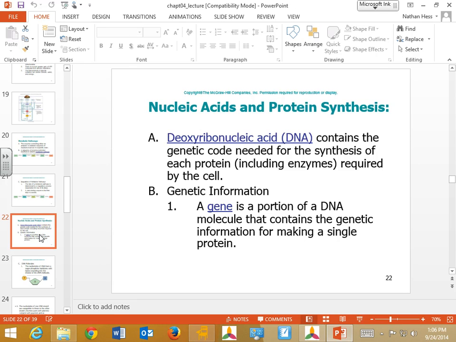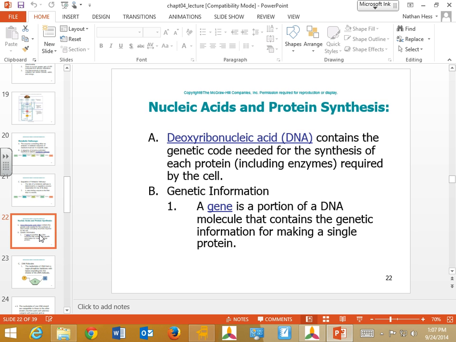That's really the point of the DNA. It's basically the recipe book for all the proteins you need to function. All the different things that make the different cells in your bodies are guided by this cookbook, this recipe book called DNA. And the gene is a portion of the DNA that contains information for one protein.